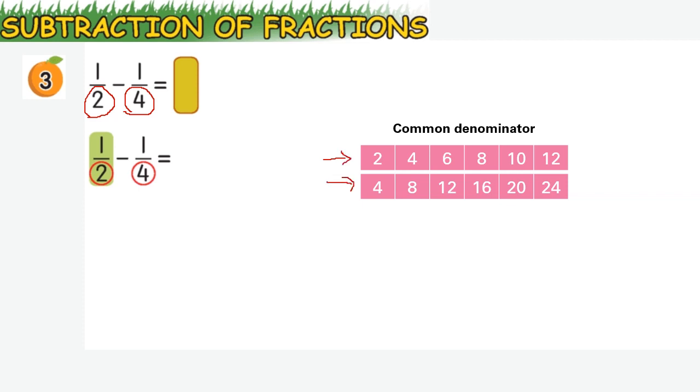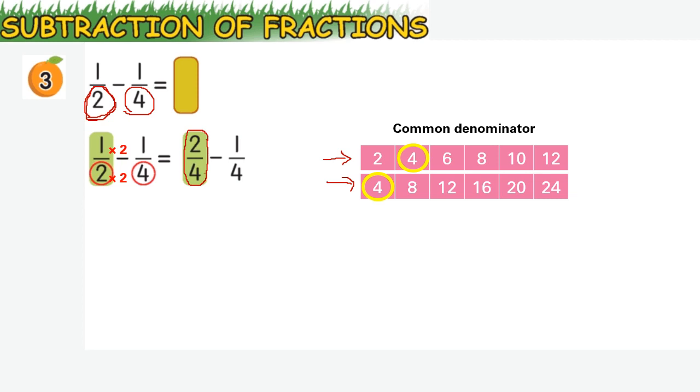From table 2 and table 4, we can see that they meet at 4. So we want to change this 2 to number 4. So 2 times what makes 4? It is 2 times 2. The numerator also we have to times by 2. So after you times it by 2, you will get 2 over 4.